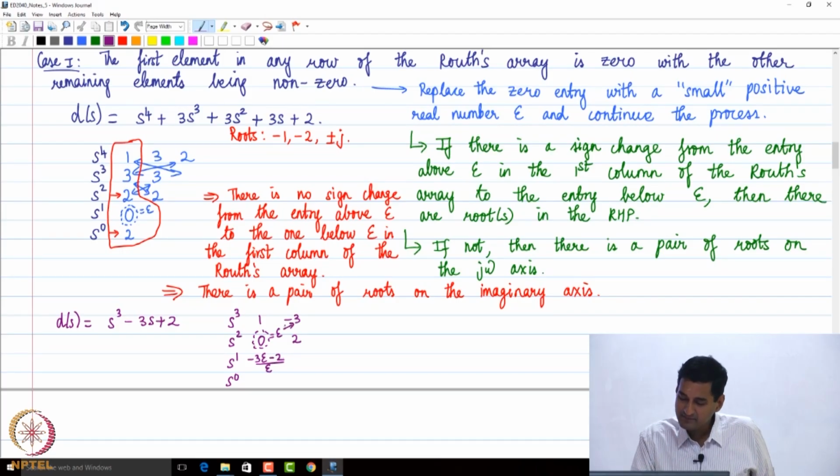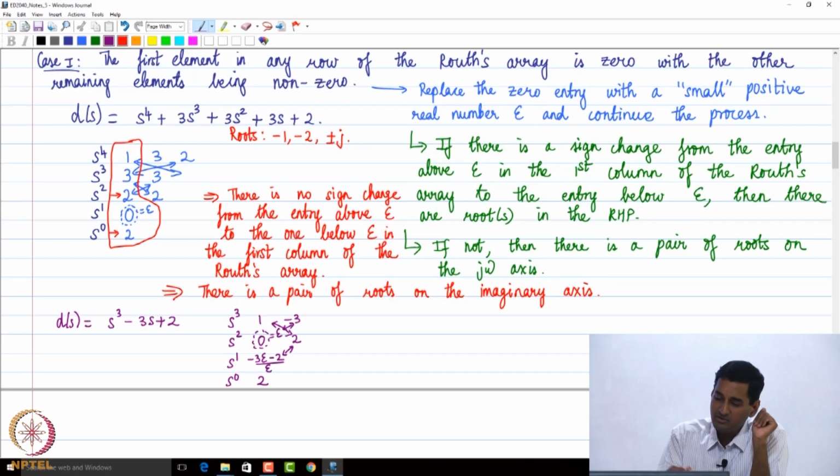I multiply epsilon and minus 3, 2 and 1, subtract it and then divide by epsilon. Then what will I get for the s power 0 row? I will just get 2, because I need to multiply minus 3 epsilon minus 2 by epsilon with 2, epsilon with nothing, so that won't change the result in the numerator, and divide by minus 3 epsilon minus 2 by epsilon. So I will just be left with 2.